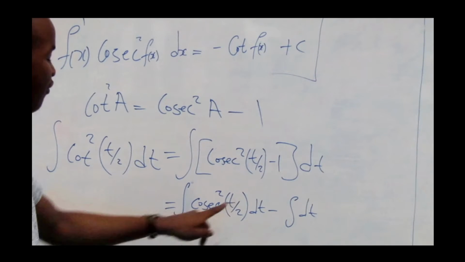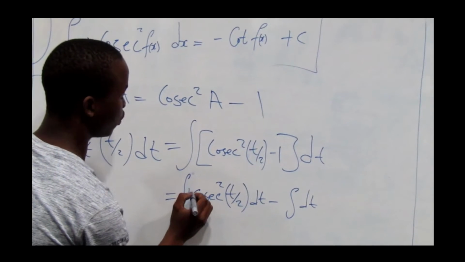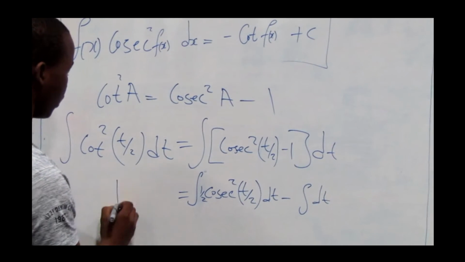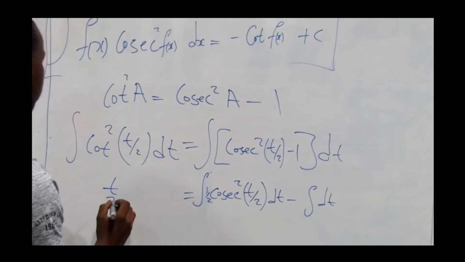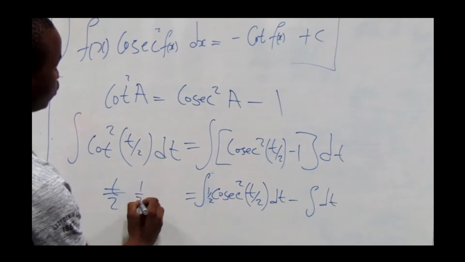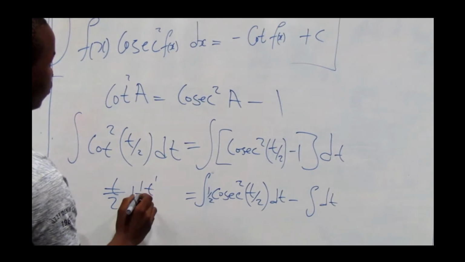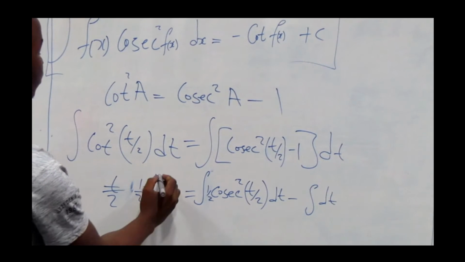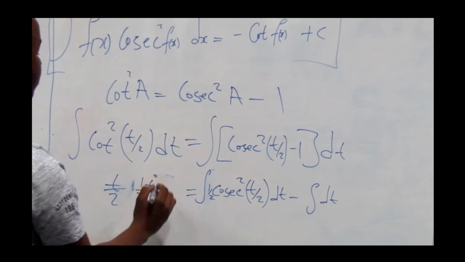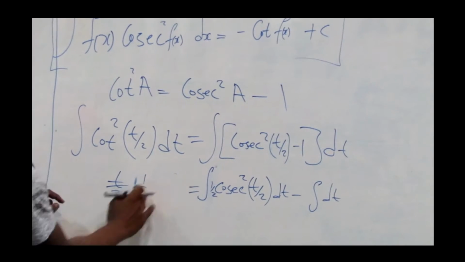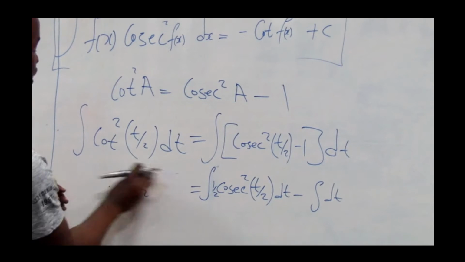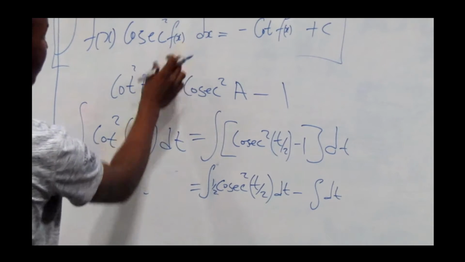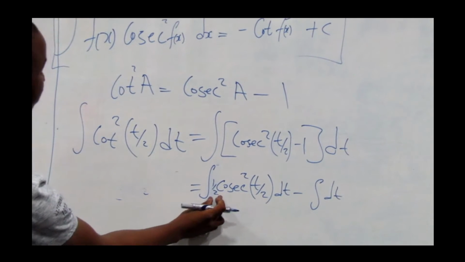When we differentiate t over 2, it's like 1 over 2 t to the power 1, and 1 over 2 multiplied by 1 is 1 over 2, minus 1 is 0. Any number to the power 0 is 1. So we put 1 over 2 here, and this is f of x, and this is our derivative of f of x.